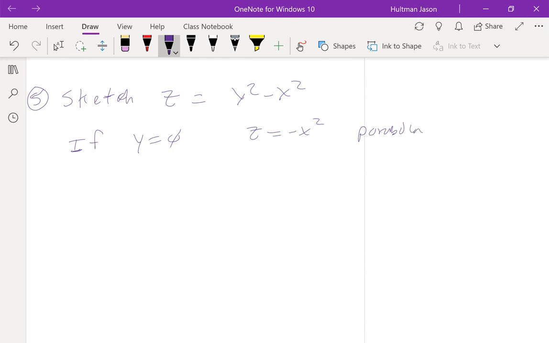Let's look at that for a second. If y equals 0, we get the parabola z equals negative x squared. That's an upside down parabola in the xz plane.